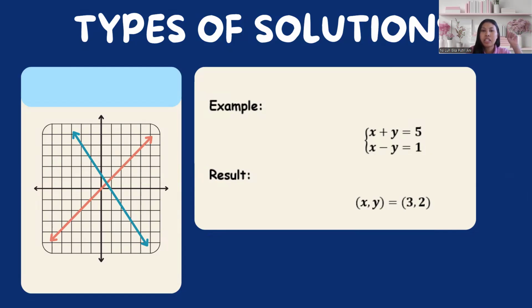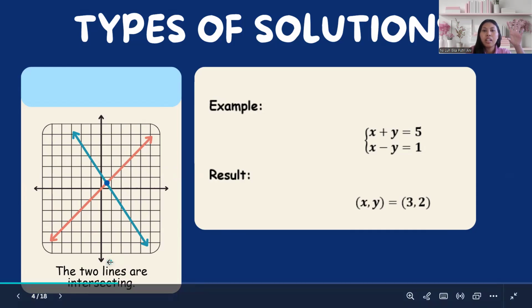The first type is a unique solution, exactly one solution. The system has one solution if the lines intersect at exactly one point, x comma y.